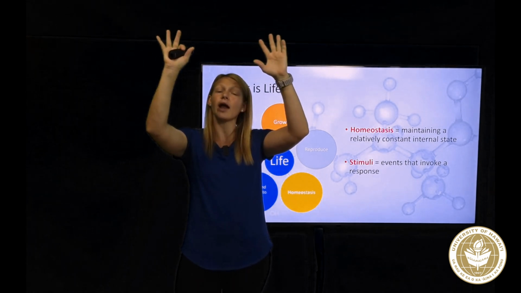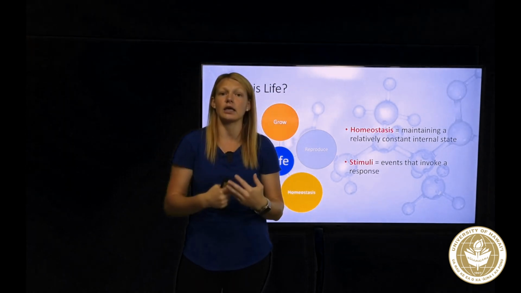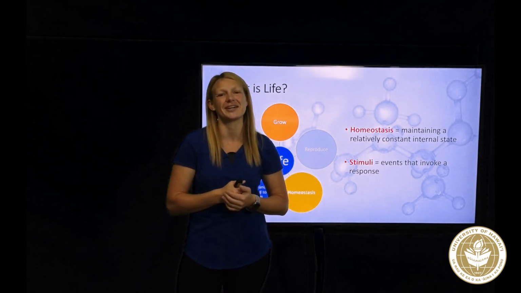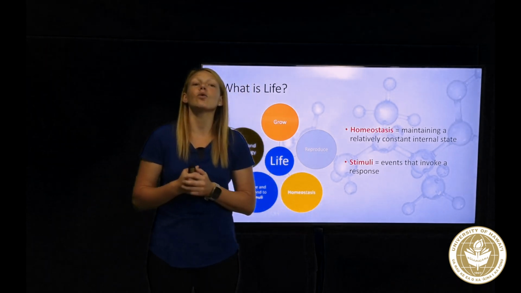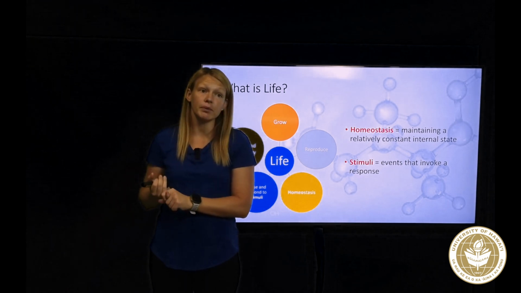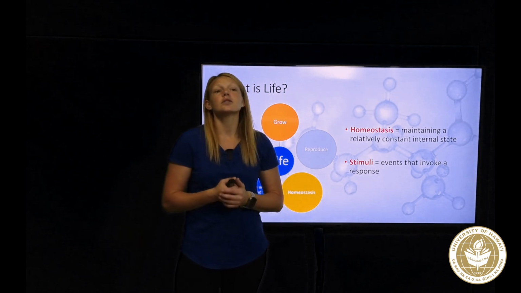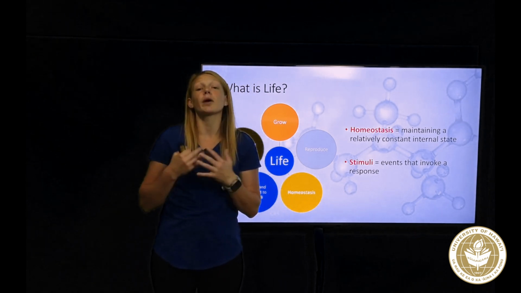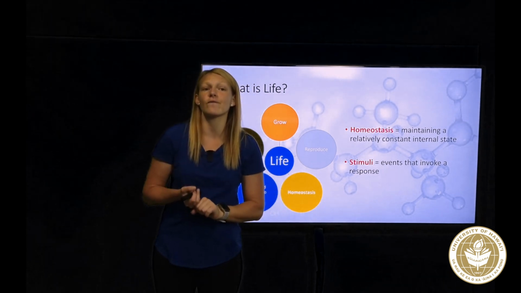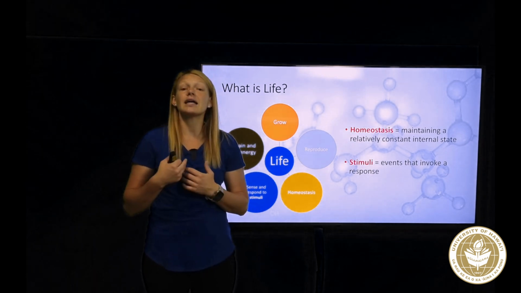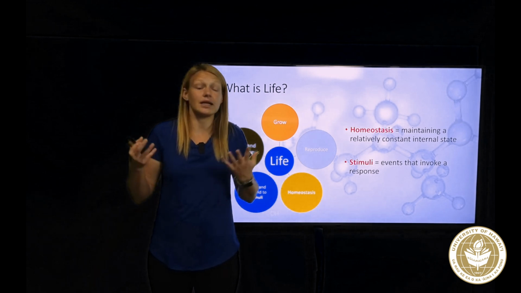Sunlight is the energy they take in to do the process of photosynthesis, which we'll talk about later in this unit. So energy is going to come from sunlight if you're a producer, or it comes from food if you are a consumer. All living things are going to break down either that sunlight or that food through a series of chemical reactions, and the sum of that is their metabolism.